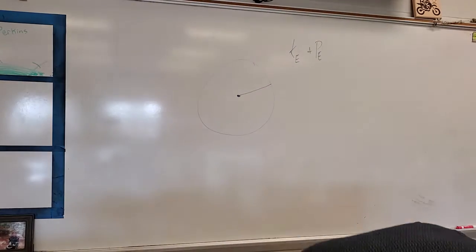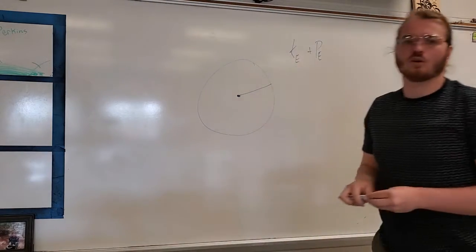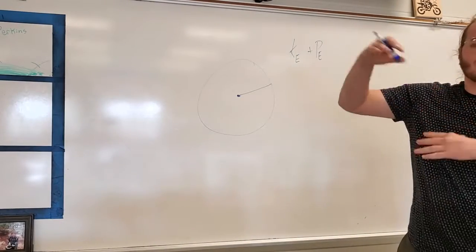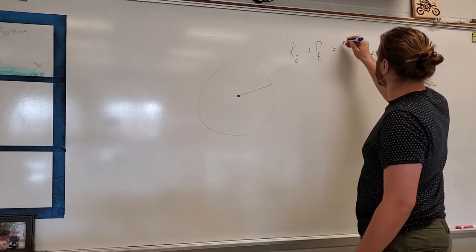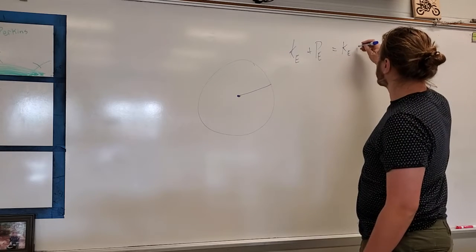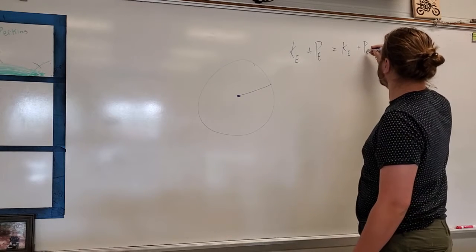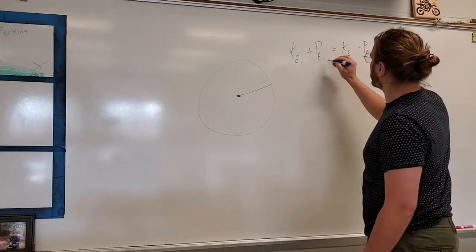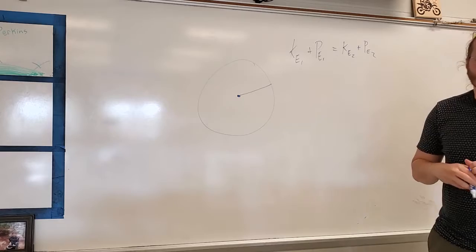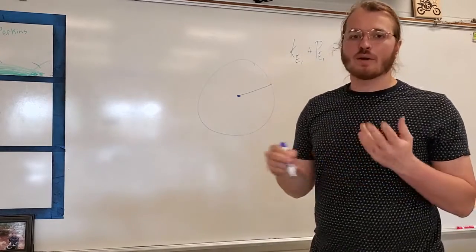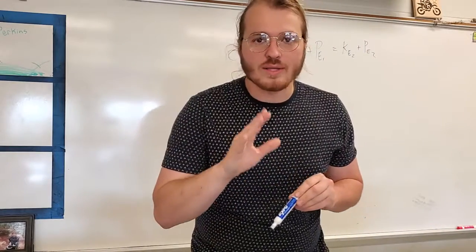All right? So as soon as we fire off, our potential energy is getting greater and greater and greater. All right? Is equal to our final kinetic energy plus our final potential energy. So 1, 1, 2, 2. Now, remember what I said about not being affected by the ramp or by gravity anymore. Our ball is stationary.